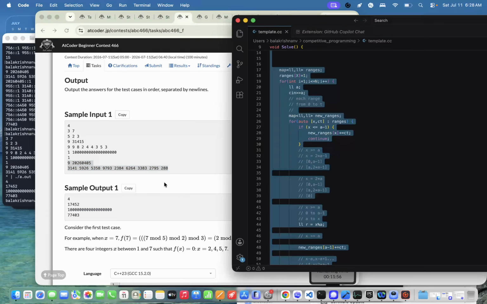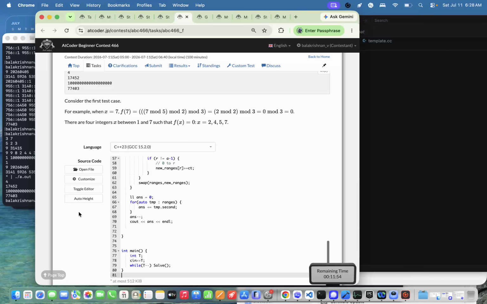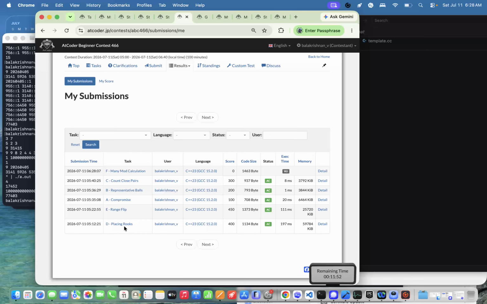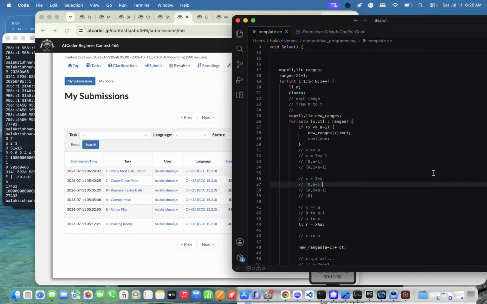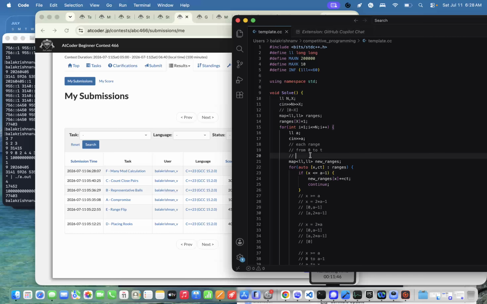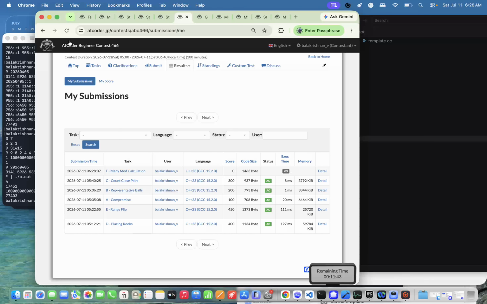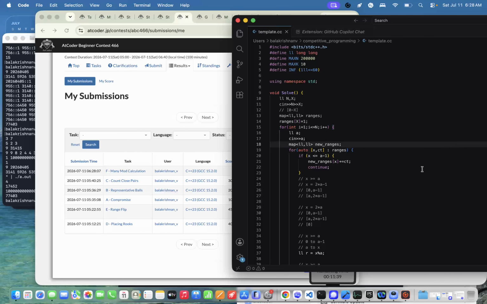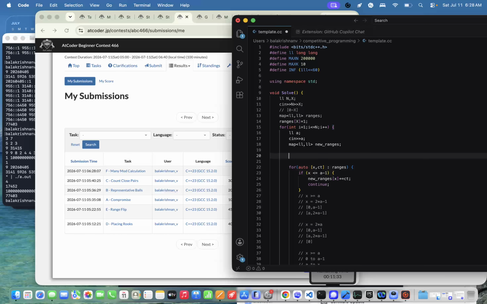Okay, so now it's not going to work. I think that's an easier way. So these are the ranges, right?